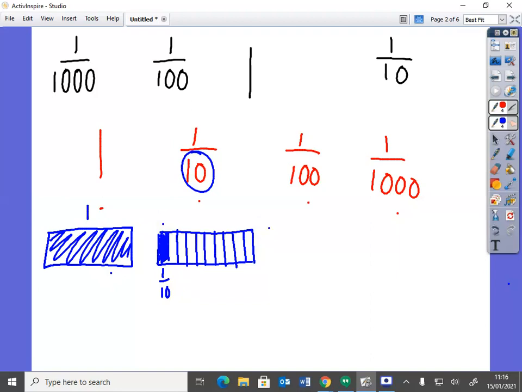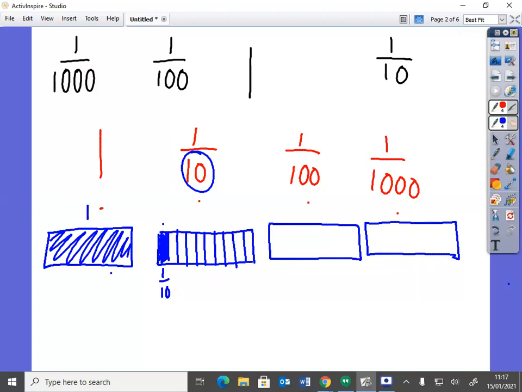I'm not going to be able to do this on the board, but if I was to do the same to make hundredths, I'm splitting this equal part into 100 equal parts. They're going to be absolutely tiny. And if I was doing 1,000ths, I'm splitting the same size bar into 1,000 equal parts. Imagine how small each of those parts would be.